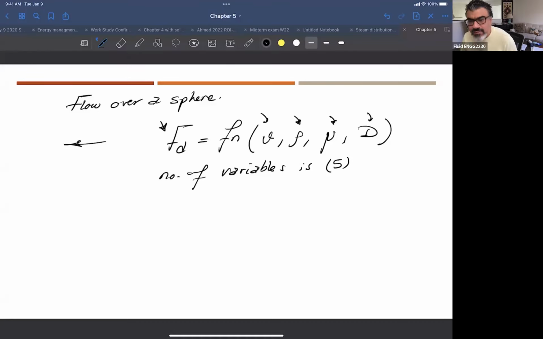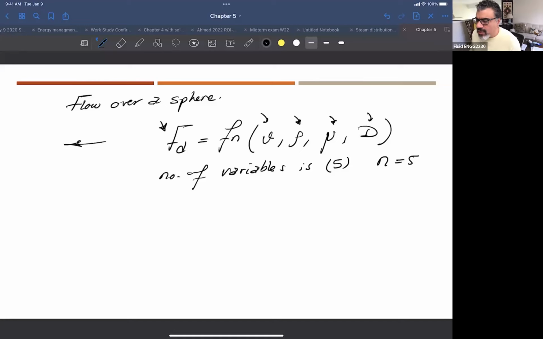This is the main variable because force is one of the variables we have. We're going to measure it, and see how much velocity change affects the force and so on, right? So the number n is 5.